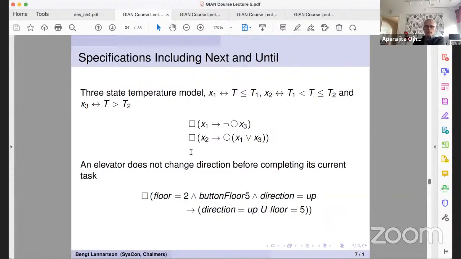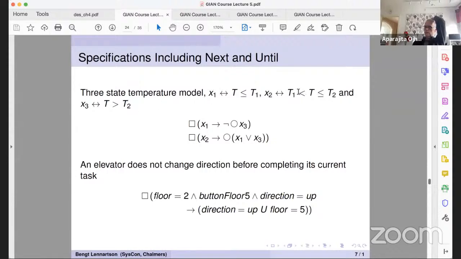So here in this example, let's see here. We have three temperature intervals. One where the temperature is less than T1, one when the temperature is in between T1 and T2, and then above T2. So then we could say that, well, okay, the expectation is maybe that less than T1 it's too cold, higher than T2 is too warm.